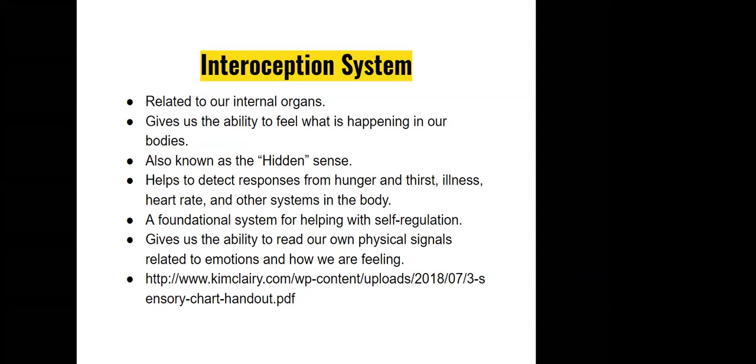This is related to our internal organs and gives us the ability to feel what is happening in our bodies and identify those internal cues. Like, my stomach's rumbling, I must be hungry, or my bladder's full, I need to use the restroom. So identifying those internal organ feelings and being able to act on them.